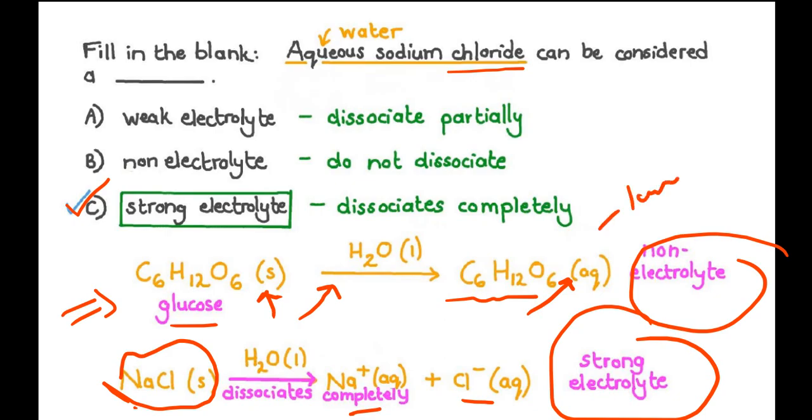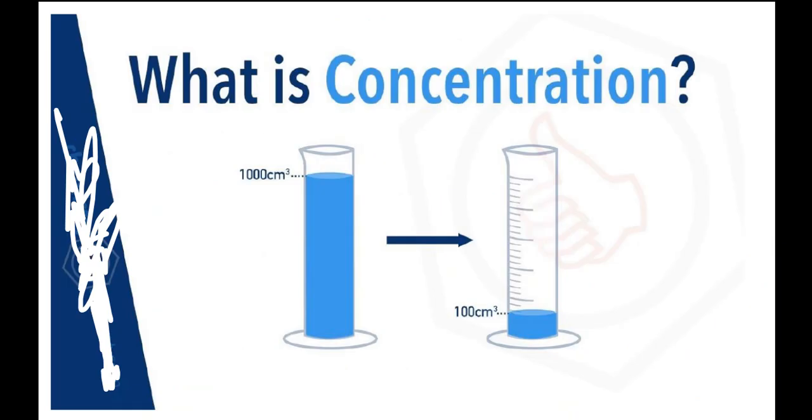Alright, and then now we can talk about the important thing when we are dealing with solutions: the concentration. The concentration we are going to be dealing with here is the concentration of moles, which has a special name. We call it the molarity.